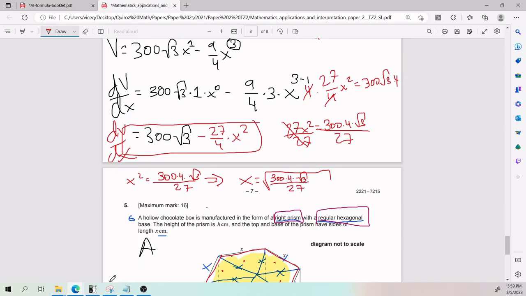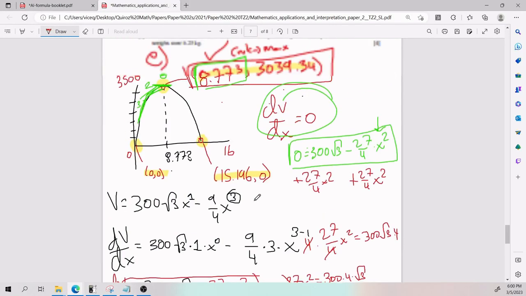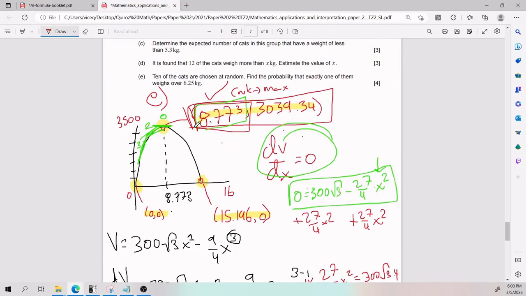So I get x alone, I do the square root to both sides in order to get rid of the exponent, and we end up with something that looks a little nasty, but it'll give us the answer because we followed the method. If you follow the method, you will always get there. So 300 times 4 times square root of 3 divided by 27. Boom, 8.7738, which is the same 8.773 from up here.